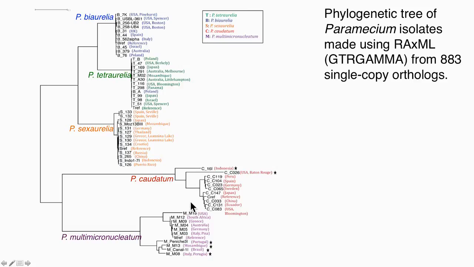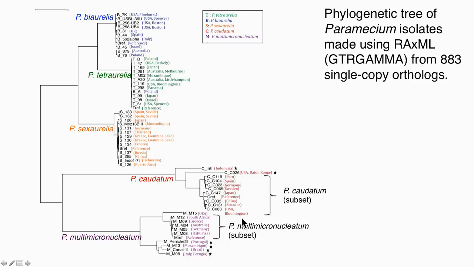In addition, all the starred isolates mapped to less than 75% of the reference genomes. So we conducted all of our analyses with all of the isolates, as well as a conservative subset called the P. caudatum subset and the P. multimicronucleatum subset for all of the analyses. And we find that the results consistently show the same trends when done for full sets and subsets.